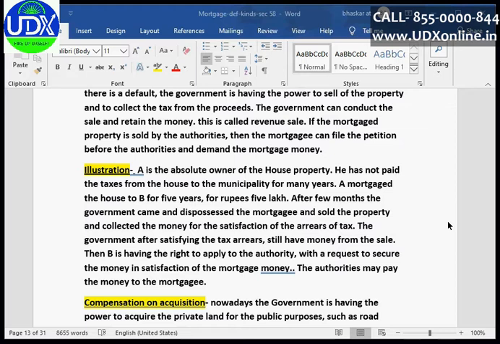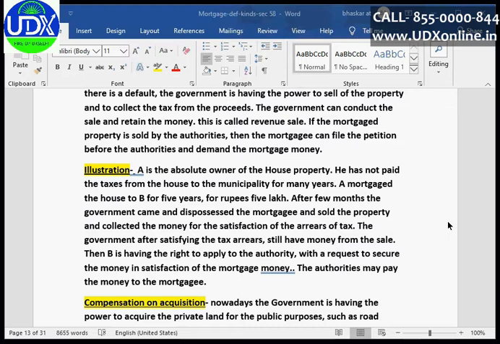So if the money is sufficient, if it can satisfy the mortgage money, then that authority will call upon Mr. A, the owner of that property, and they will conduct an inquiry with proper notices.